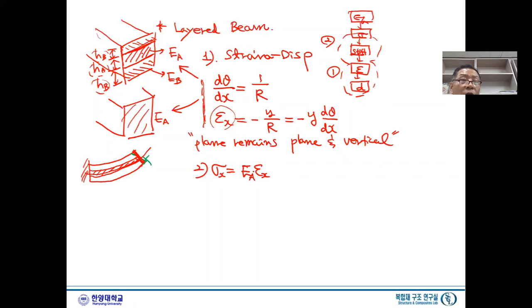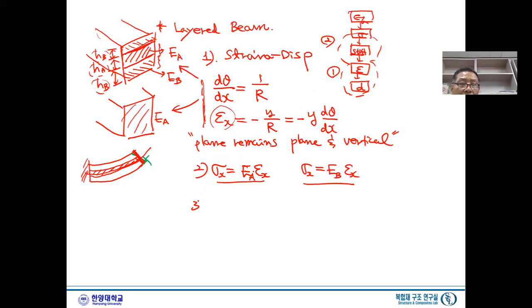This is the E_A for the middle one, and the top one we simply have a different stiffness relation. We don't need to write it down here, but for the region A part we say this one, and for the B part we say this one. Okay, so this is also nothing new, and this is the stress strain relations.